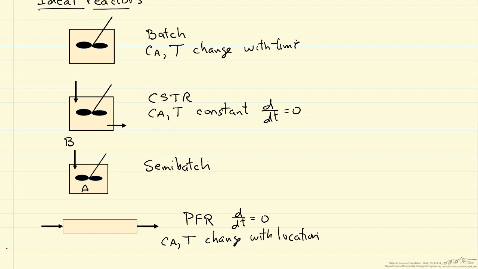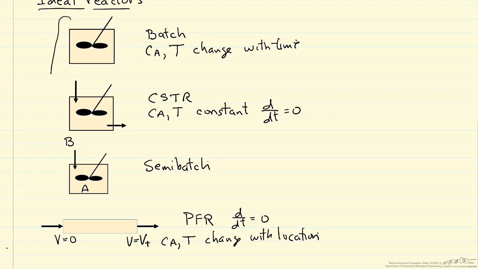In other words, if we consider this volume our variable, as we move down the reactor here, volume is 0. Here is our total volume. As we move down, Ca reacts, Cb reacts to form products.